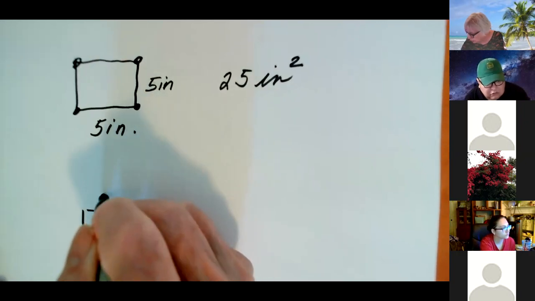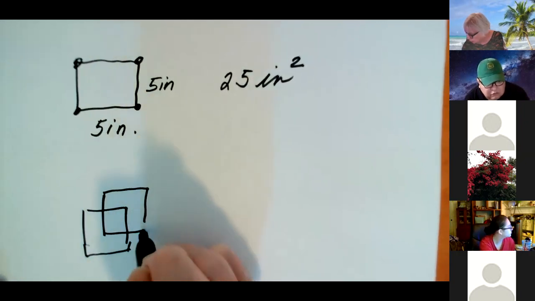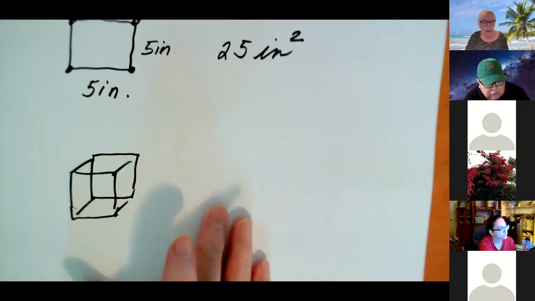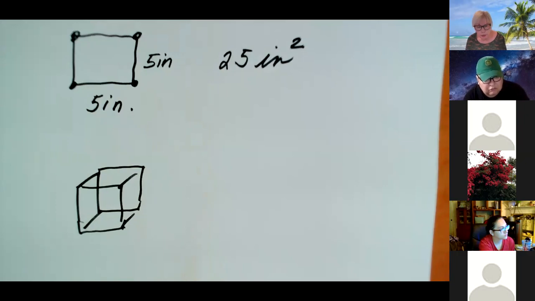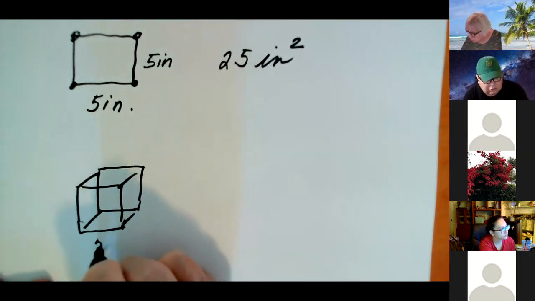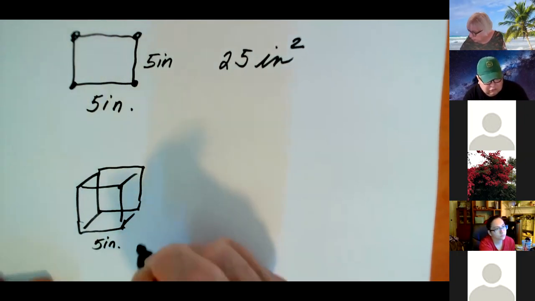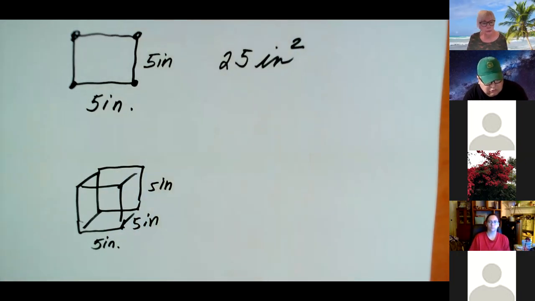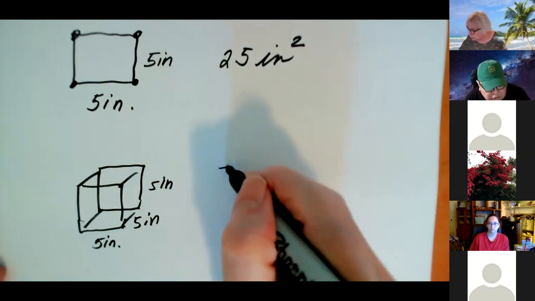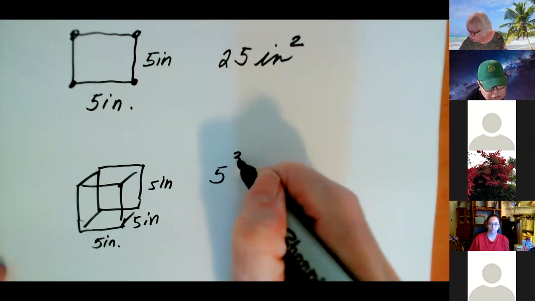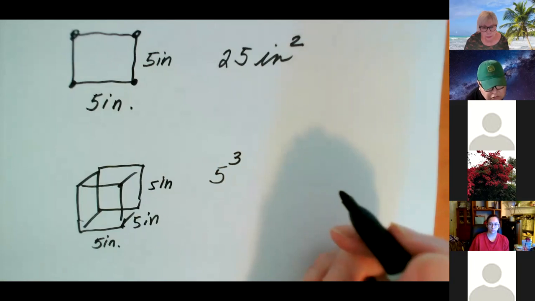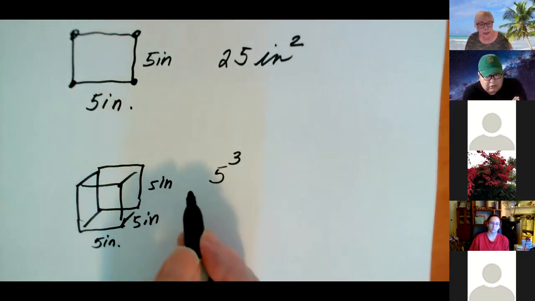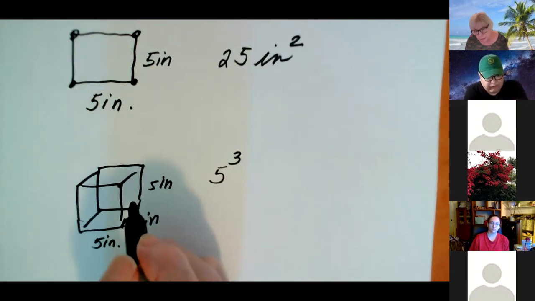But if I went and did this, and I'm drawing this for you so that you can see it visually. This is now 3 dimensions. And so if this was 5 length and 5 width and 5 height, this would be 5 cubed. And so 5 cubed is literally relating to the cube.